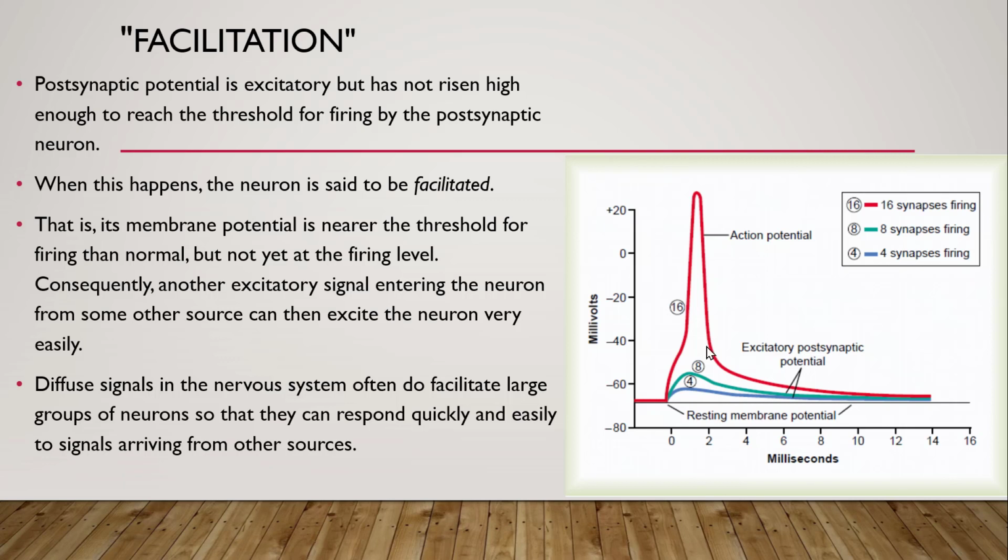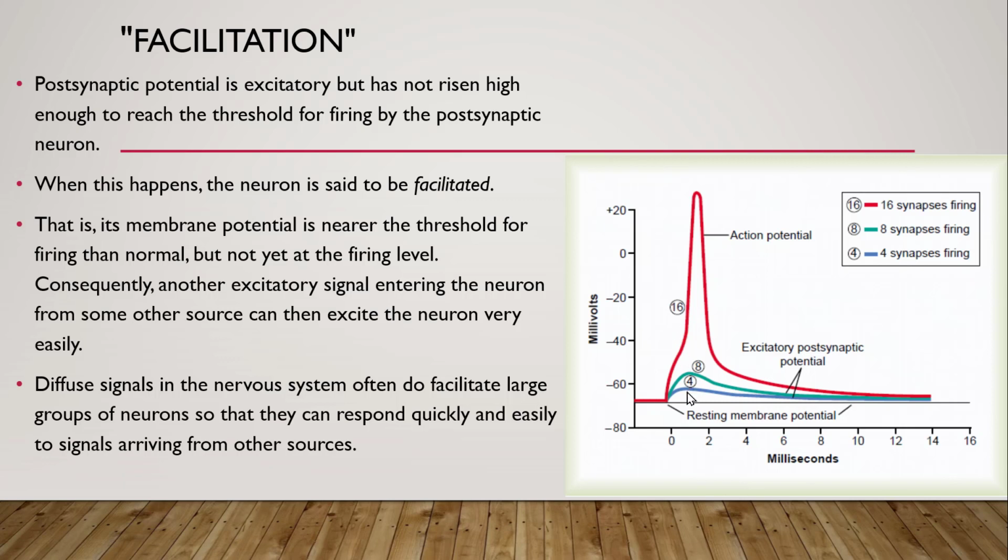If 8 neurons are stimulated, this further facilitates the neuron, and when 16 neurons are excited, 16 synapses are stimulated, and this facilitation brings the neuron to the point where it can then produce an action potential.